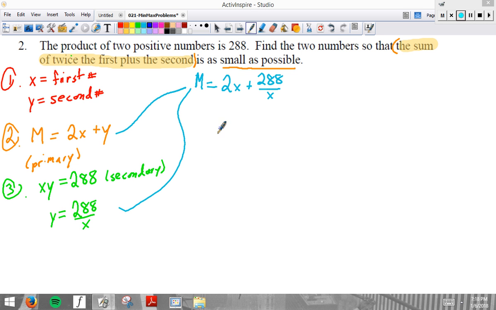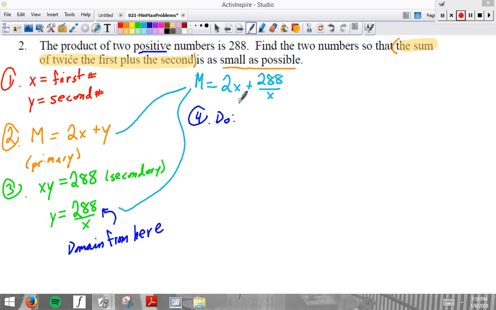Let's consider the domain for a second. The domain, again, we look at here. We can also think of the natural setting here. So is there a smallest value of x? Can x be negative? If you think about it, no. x certainly cannot be negative. Why? Well, the product of two positive numbers.